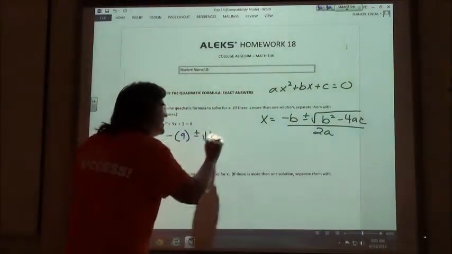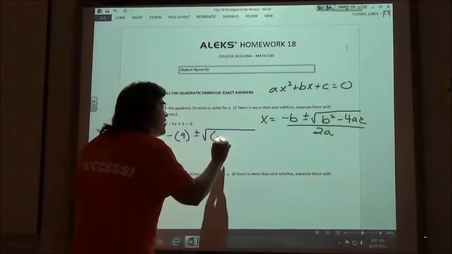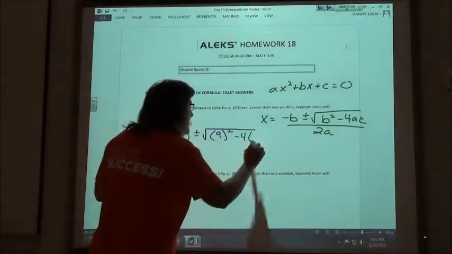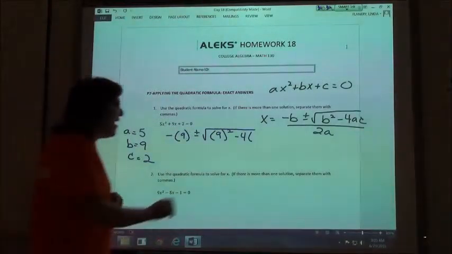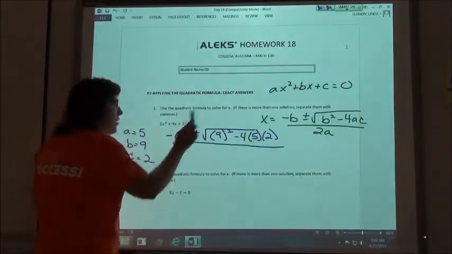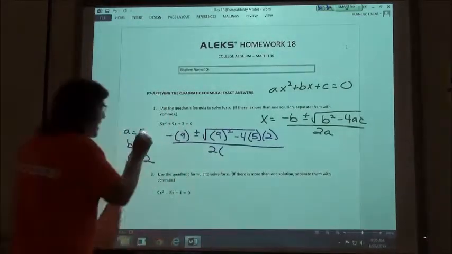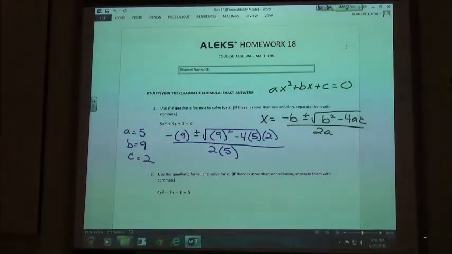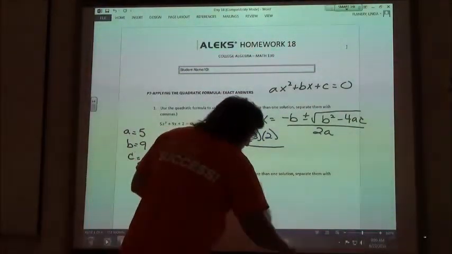Plus or minus the square root of the b value, which is 9 squared, minus 4 times the a value, which is 5, times the c value, which is 2, over 2 times the a value, which is 5. So anytime I substitute in for a variable, I put it in parentheses just to separate it from all the other stuff that's in there, and then I can go ahead and simplify from there.